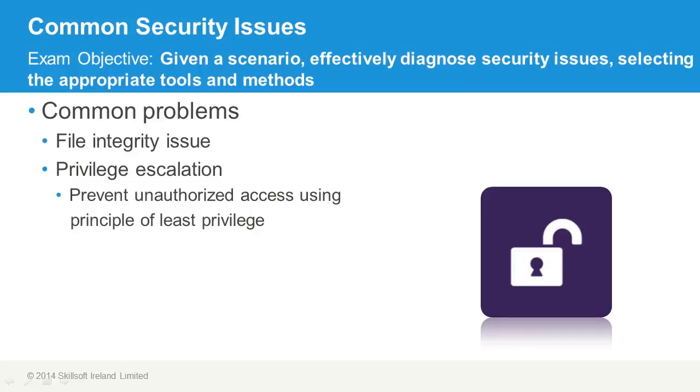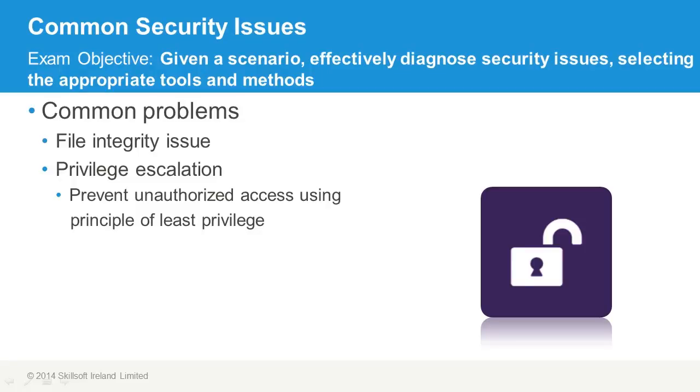Now, from the perspective of security, the file integrity issue isn't really so much referring to the fact that we can't load a file or we're getting read-write errors at a hard drive level, but rather the integrity of the data itself. If somebody is able to get to a file that they should not be able to, then they might corrupt that file with malicious data, or they might delete stuff that they should not be able to delete.